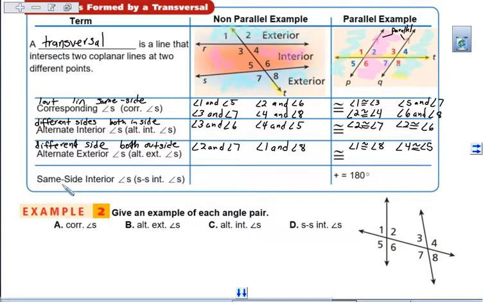Our last one, same side interior angles, tells you exactly what it is. They're on the same side of your transversal and both inside. In our first non-parallel example, that'd be like angle 3 and angle 5.